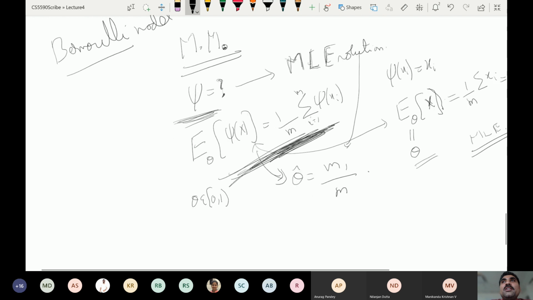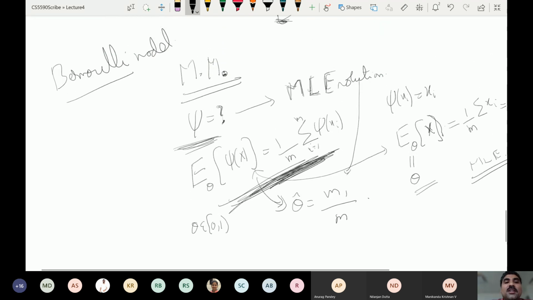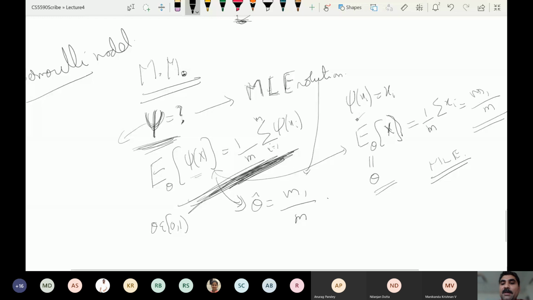I'll also tell you intuitive ways of selecting psi. I'll give you a hint. Please remember this: psi should be such a function that the expectation of psi of x characterizes the distribution. That means if the expectation of psi of x matches, then the distributions are the same.